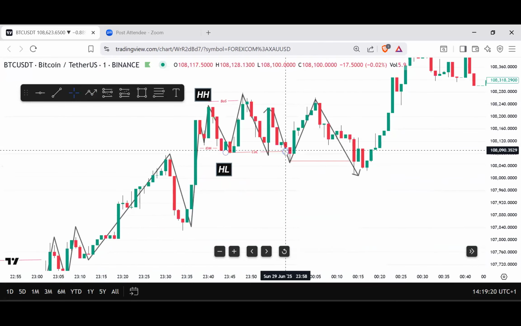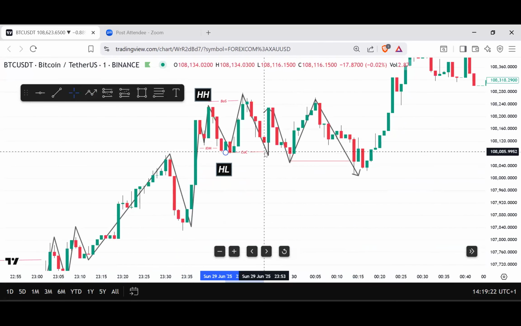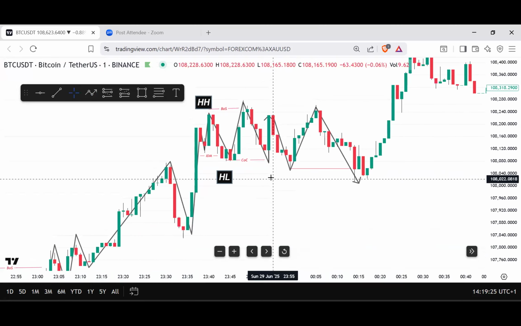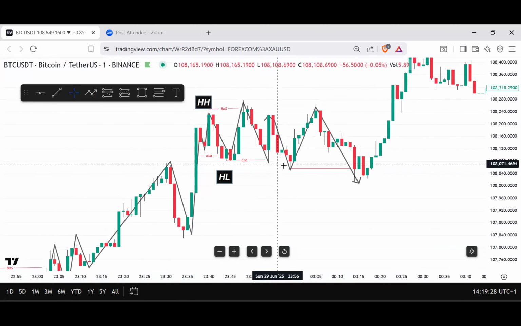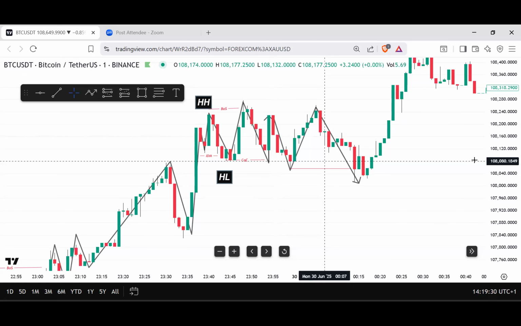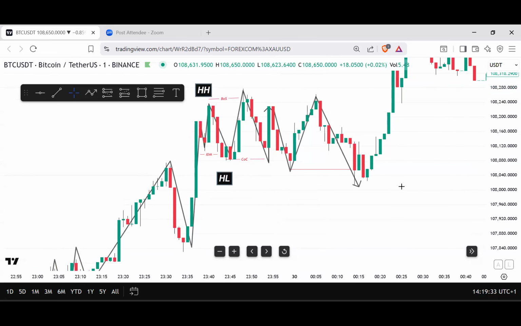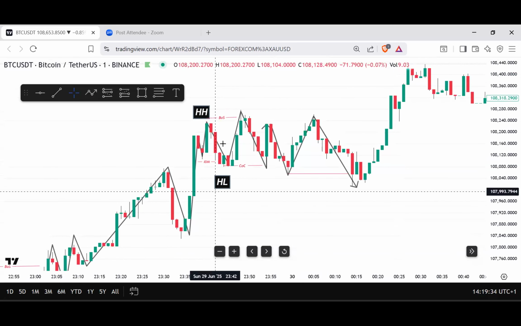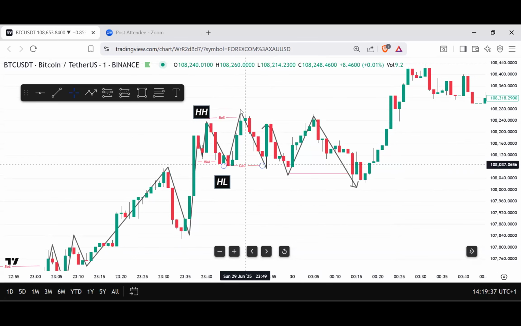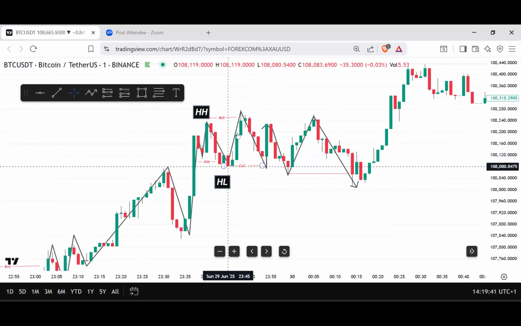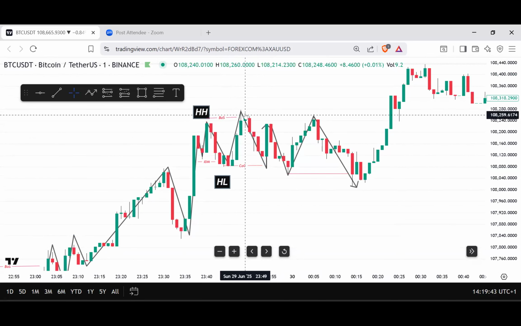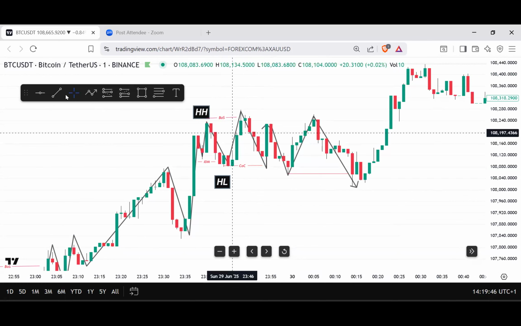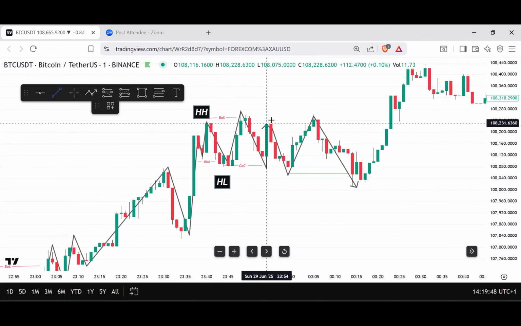That COC, we'll be waiting for a break of structure to happen. So look at what happened there. There was a COC. This move broke it, and the move was an impulsive move that has inducement.